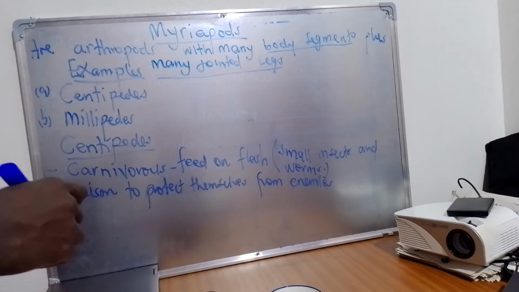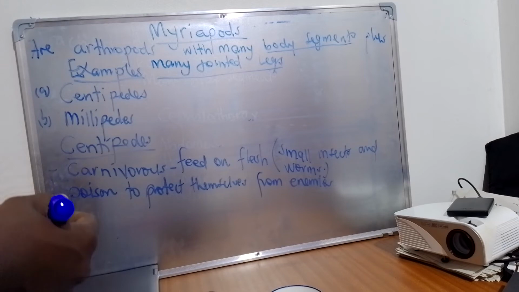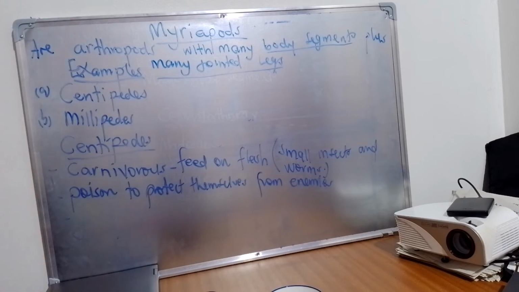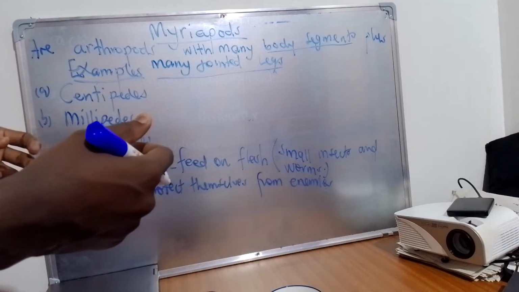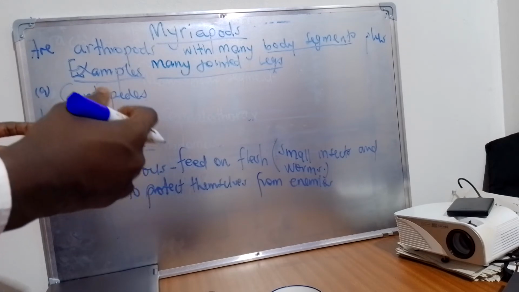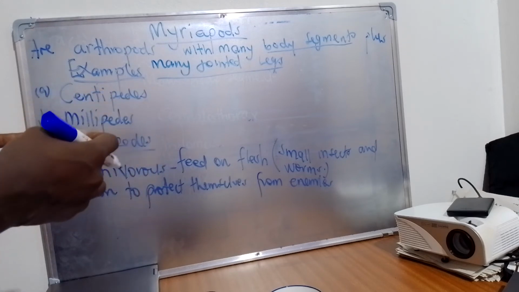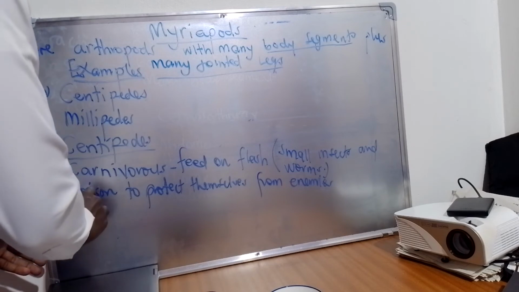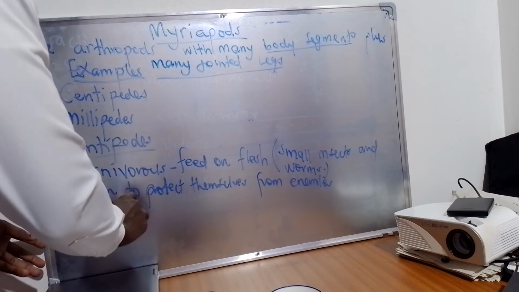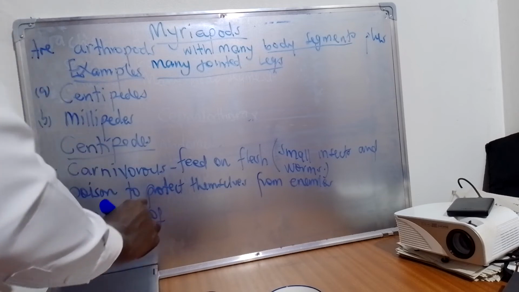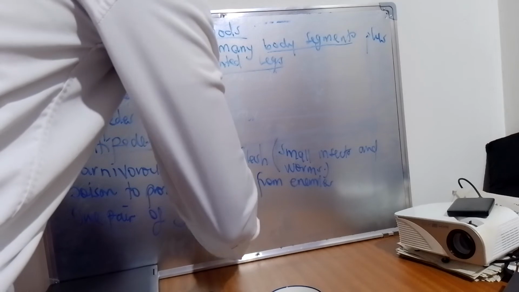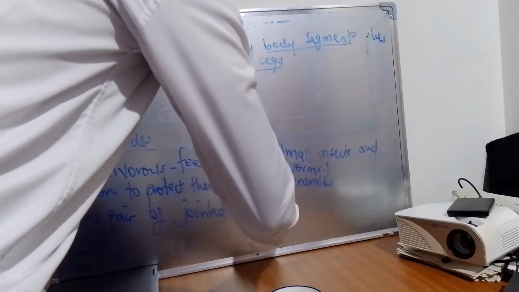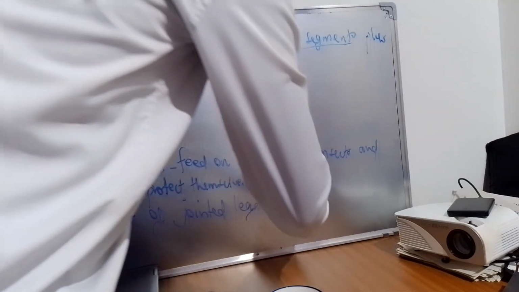Another thing you have to understand about centipedes is that they have one pair of jointed legs on each body segment.